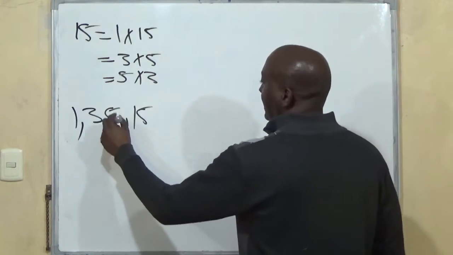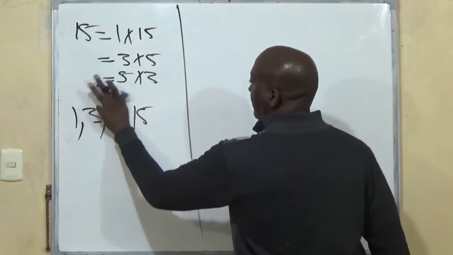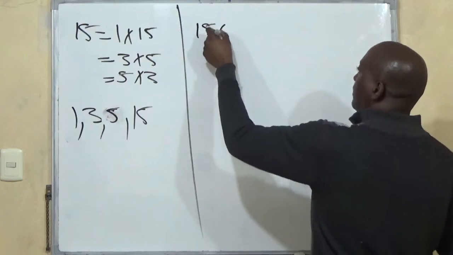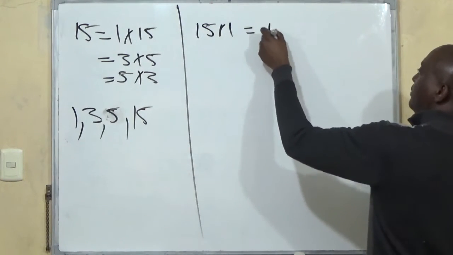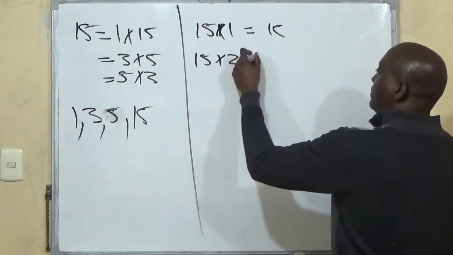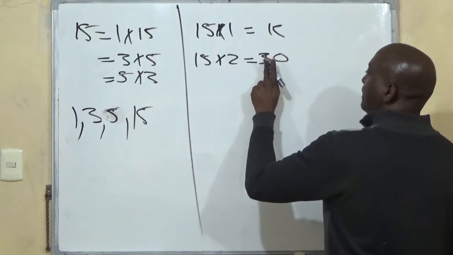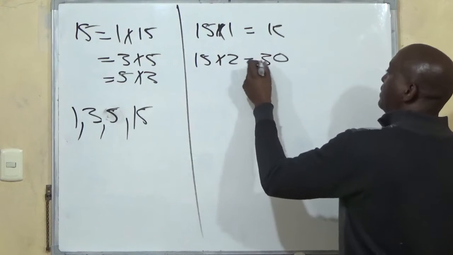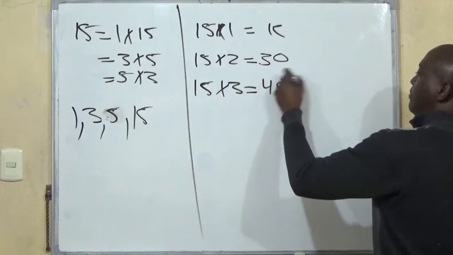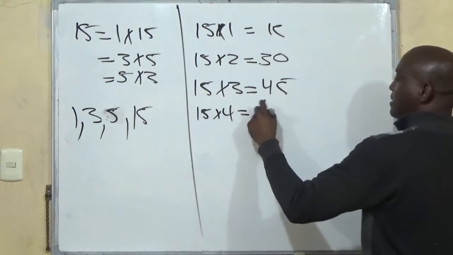Right? And then the multiples of 15. The multiples of 15 would be 15 by 1 is equal to 15. 15 by 2 is equal to 30. 15 by 3 is equal to 45. 15 by 4 is equal to 60.